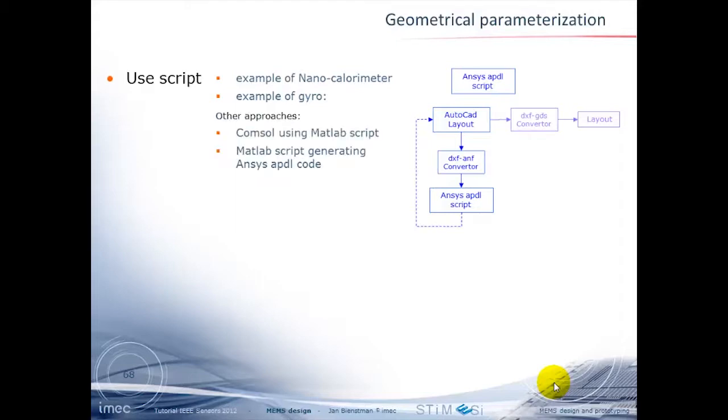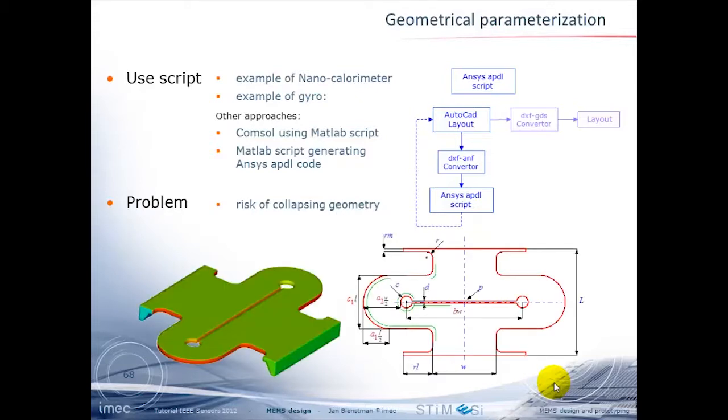I know groups, we worked together with groups that had everything under program control. You can make a kind of sketch of the structure that you want to simulate. You parameterize everything, and then you have a script that makes a 3D model and applies boundary conditions and even the settings to solve.